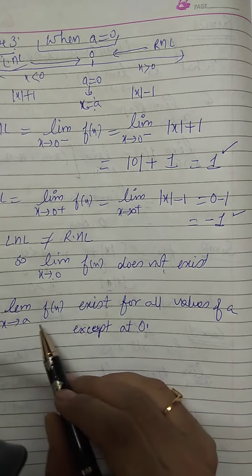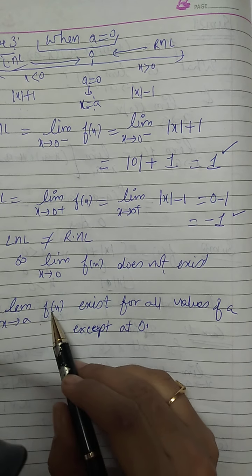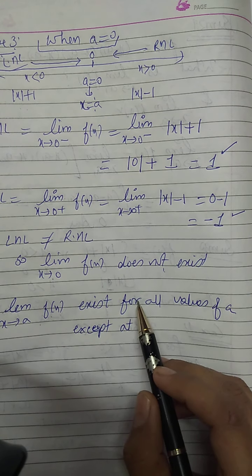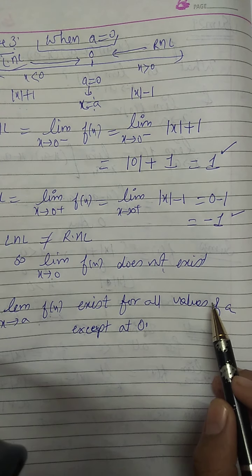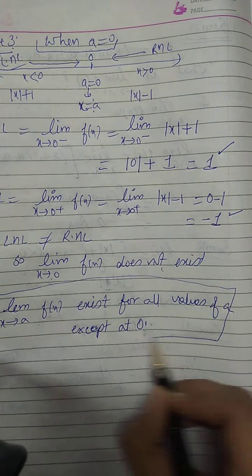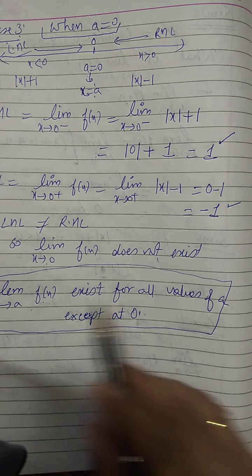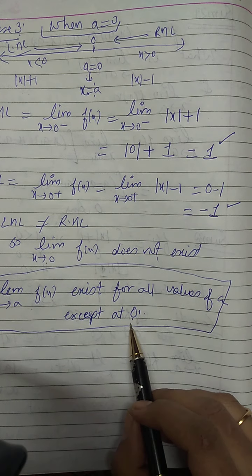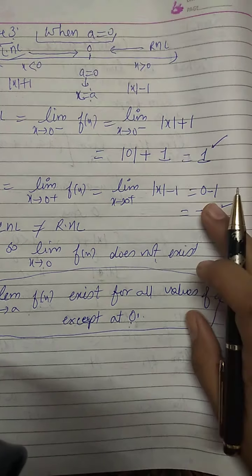That means limit x approaches a, f of x exists for all a but not at 0. This will be our final answer, because the question was for what values of a limit x approaches a exists. So for all values of a it will exist but not at 0. Right? That will be our final answer for this sum number 30.